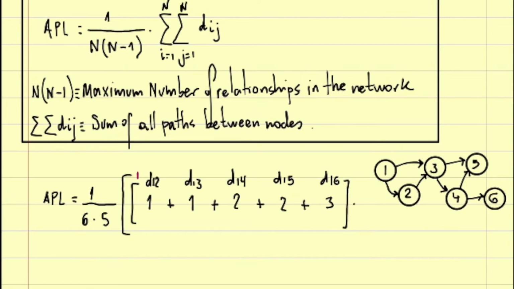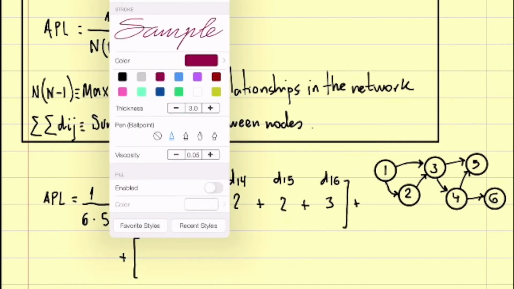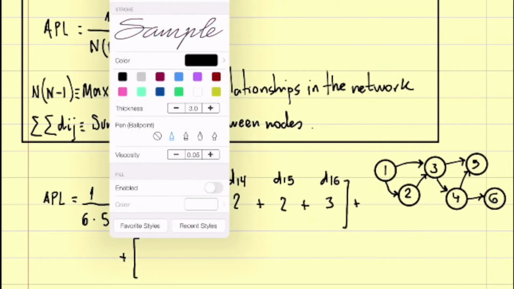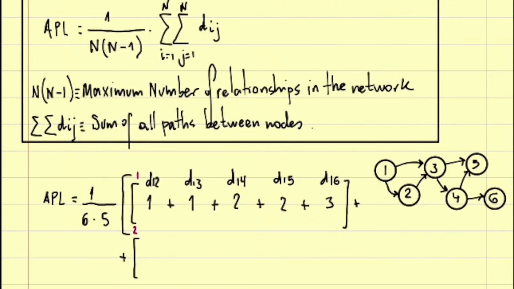Of course, we repeat it for the second. And we do this for all the nodes. So for the second, I try to go very step by step, but it can be that I'm going too fast.